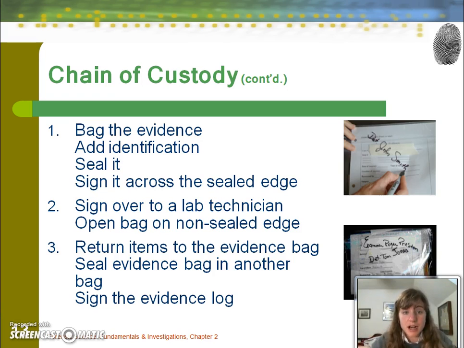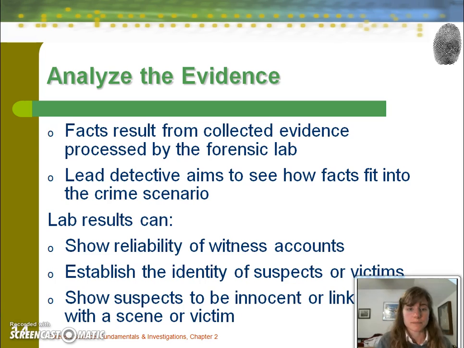You want to cut a new opening. So maybe your evidence is in a paper bag and it's folded over 3 times, sealed, signed over. You want to cut a new opening, and then once you're done with it, you would seal it back and sign your name over that new opening.